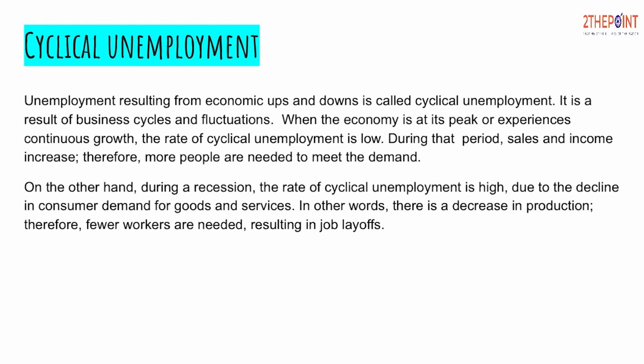Whenever there is a boom in the economy, boom means people are demanding more goods and services, the demand for goods and services increases, which leads to increased manufacturing or production activity. Now, if the manufacturing activities are increasing, more and more people are employed to do the manufacturing process. So the employment rate rises and the unemployment rate goes down.